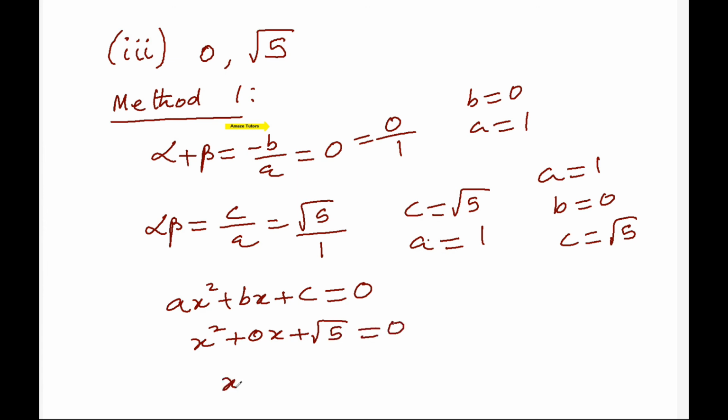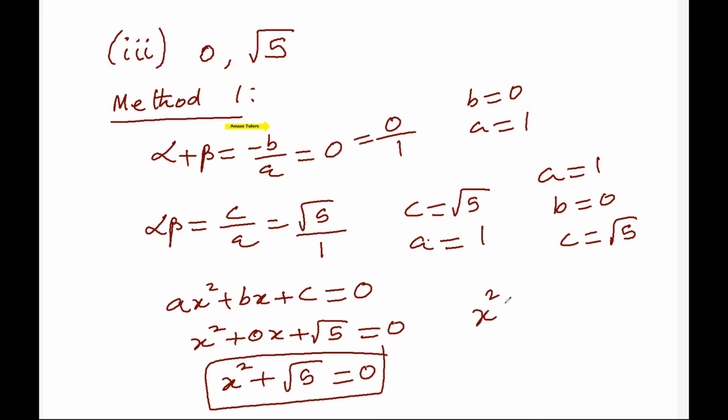That's equal to 0. Now x squared plus 0x, nothing but 0, no need to even write it. So this is the final quadratic equation, and the quadratic polynomial, the final answer for this question, is x squared plus root 5.